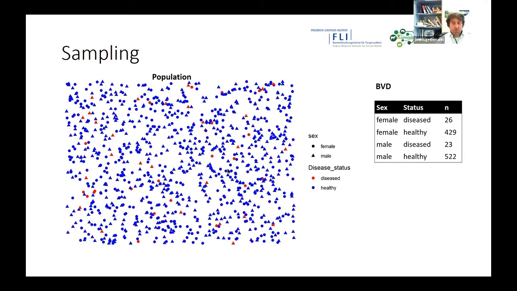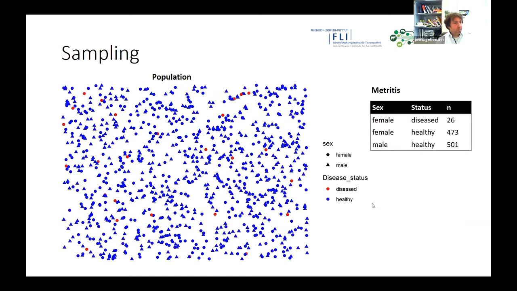So it's fine to use a random sample of all animals, but if, for example, for a disease like metritis, only female animals are diseased, then it wouldn't make sense to select male animals. So you would choose a subpopulation of females and select randomly from this subpopulation.